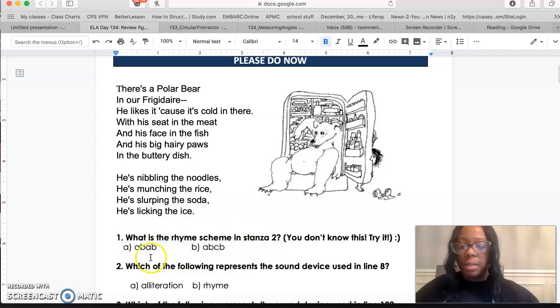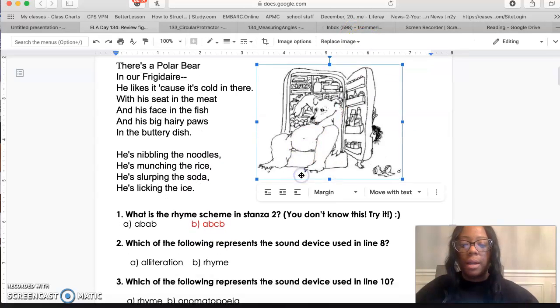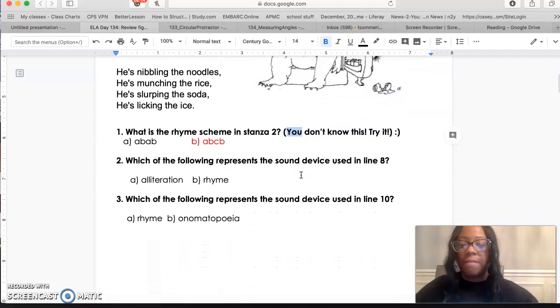What rhyme scheme does that follow? Does it follow A, B, or does it follow A, B, C, B? So we got noodles, rice, soda, A, B, C, and then we have ice. A, B, C, B. Our answer is B. Make sure you mark it if you didn't have it at first.